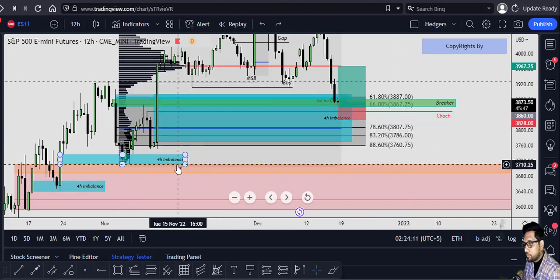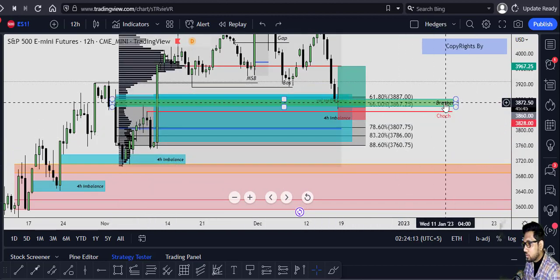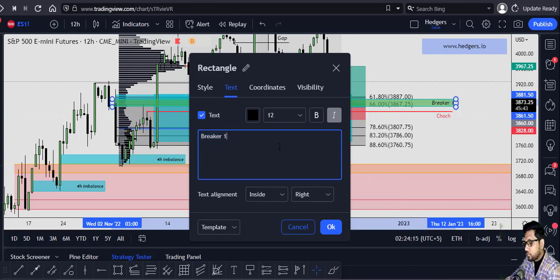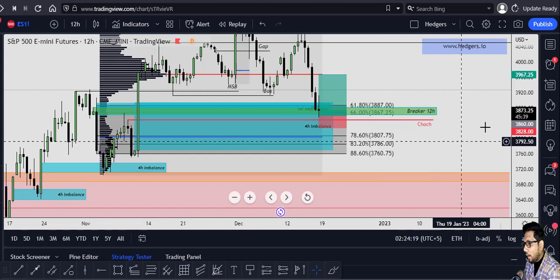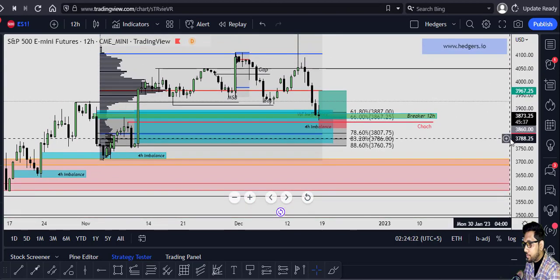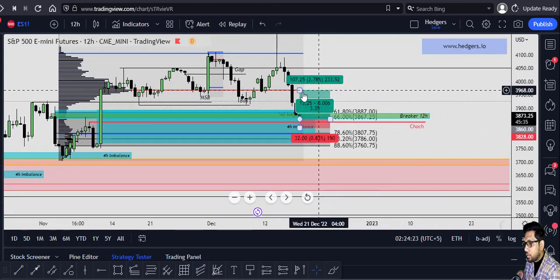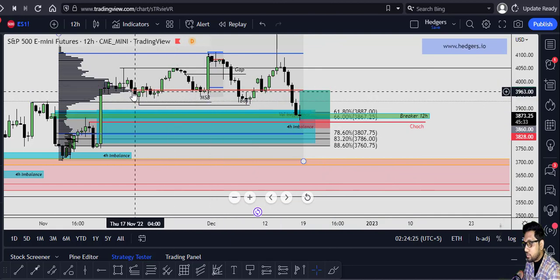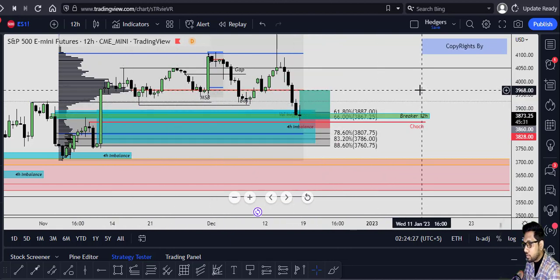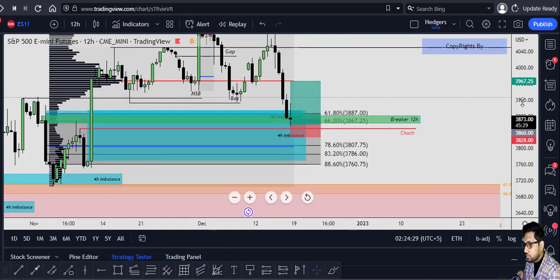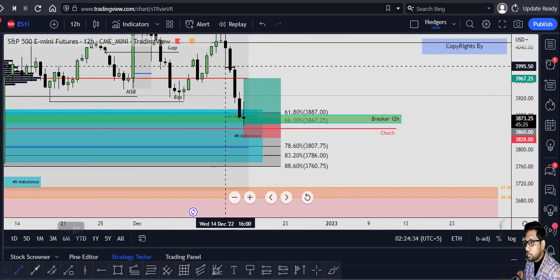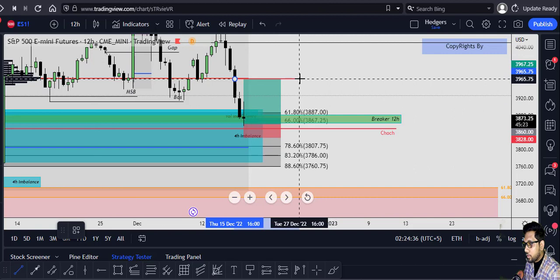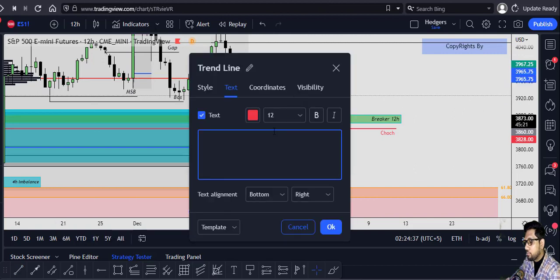Yep, 12-hour breaker, just to remember. Target till the range POC, the high volume node and the POC. That is the target for S&P 500, POC high volume node.